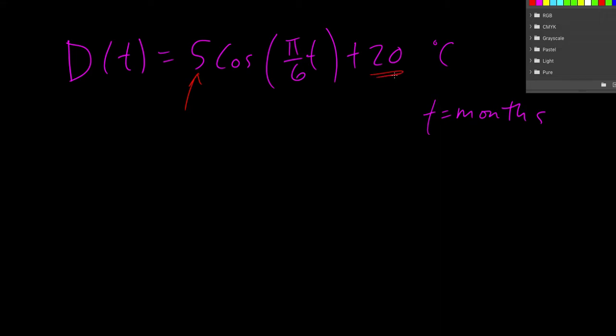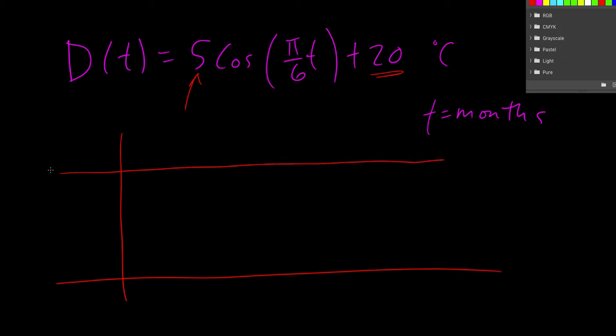This is going to tell us where our center point is, or our average. And so if we draw this on a graph, we're going to do our middle right here at 20. And then up from there, we're going to go 5. So that'll be 25. We'll also go down from there by 5, which will be 15.